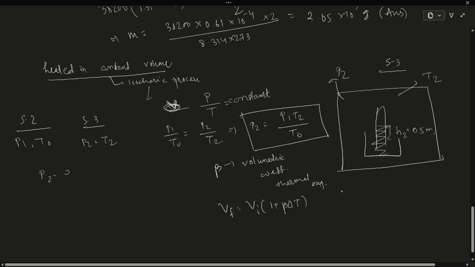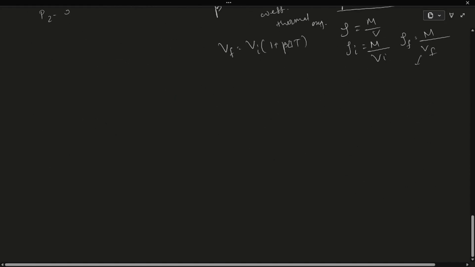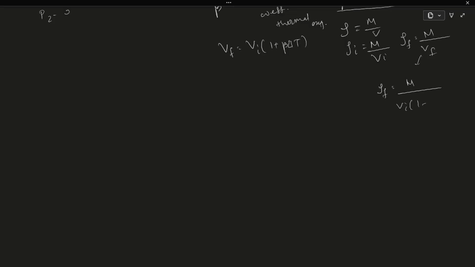So we want to find rho. Rho is basically density, mass per volume. Rho initial is mass by volume initial, as mass is constant. Rho final is mass by volume final, which is V initial times (1 plus beta delta T).